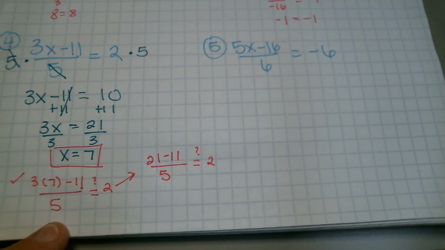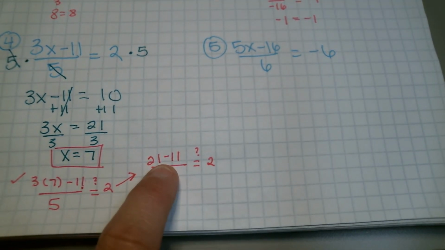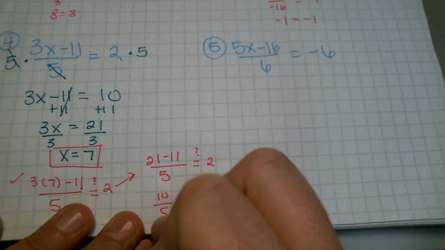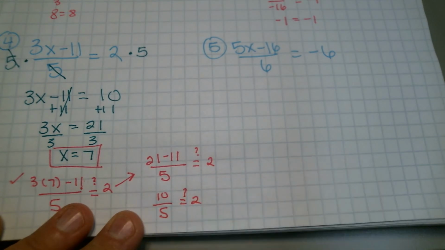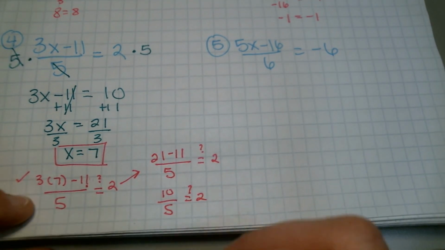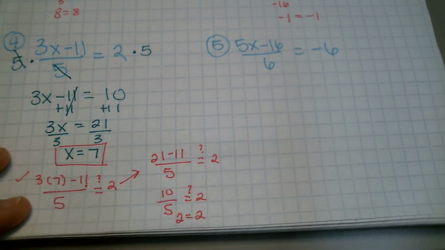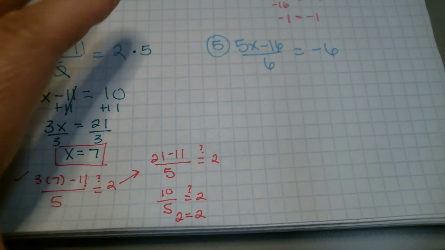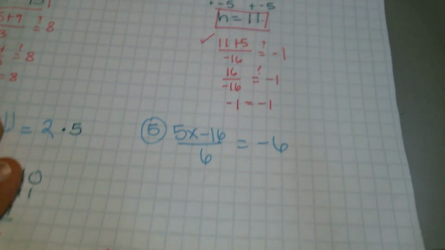Still got to finish the numerator. 21 minus 11 is 10, and 10 divided by 5, does that equal 2? Well, yeah, it does. So 2 equals 2, which tells me that this is the correct solution for the value of x.